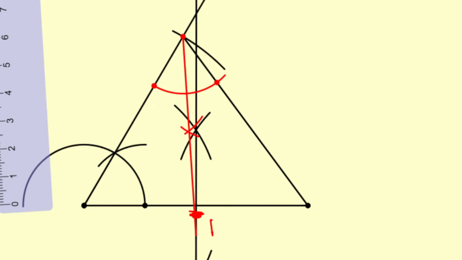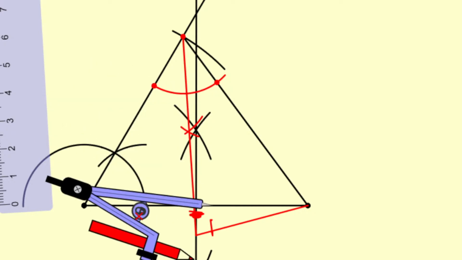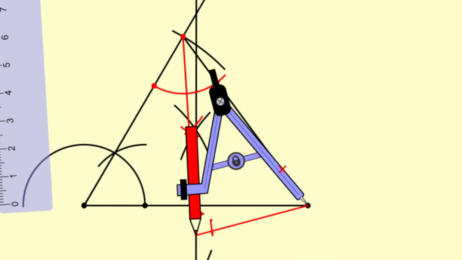Okay, no problem. Now CP, let's join. So P point somewhere here I am getting. If I join CP, 6.5. Okay, so CP's radius I have to take. I'll just open my compass to a length equal to CP.